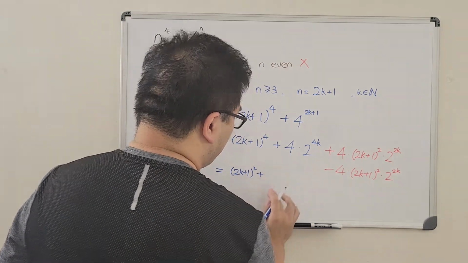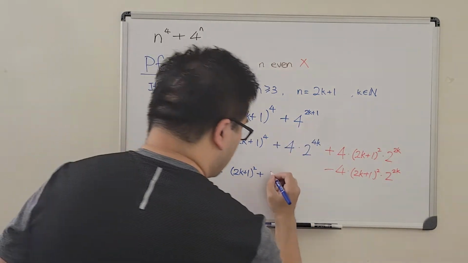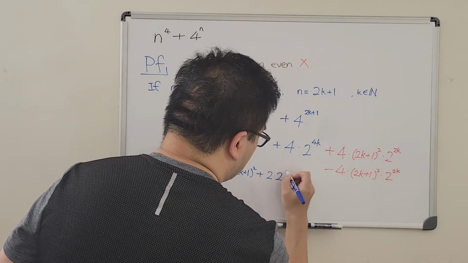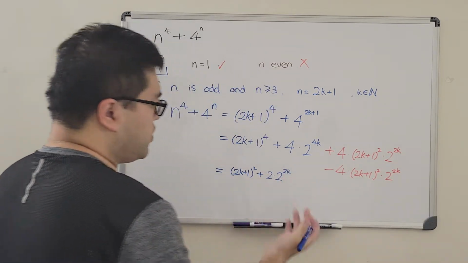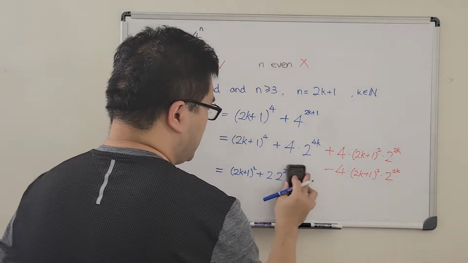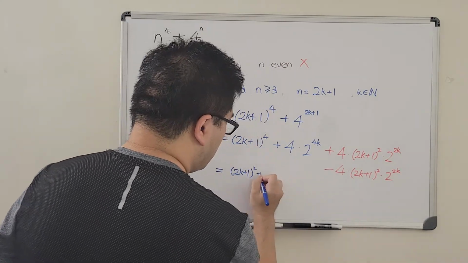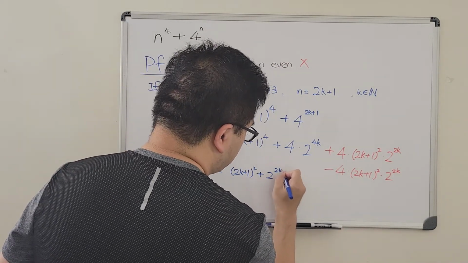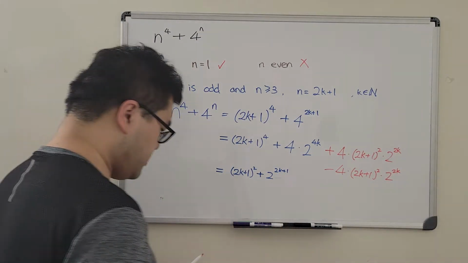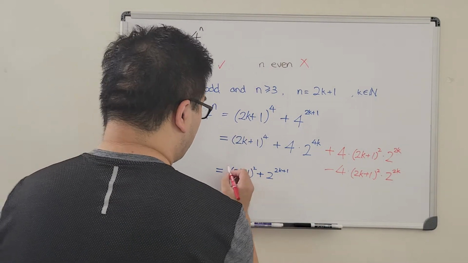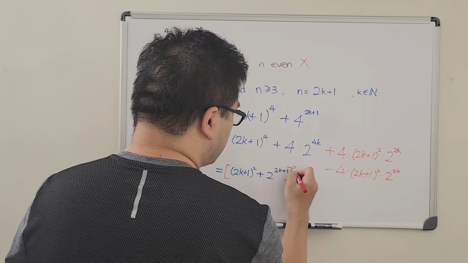So if we take the square root of this whole thing, we get 2 times 2 to the 2k, or we can combine it back as 2 to the 2k plus 1st power. All right? And now we complete the square from the first 3 terms.